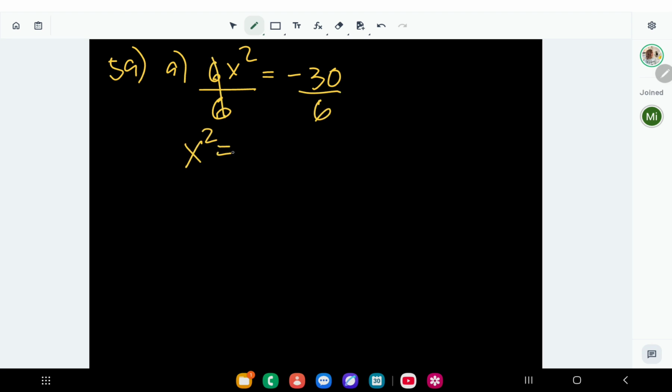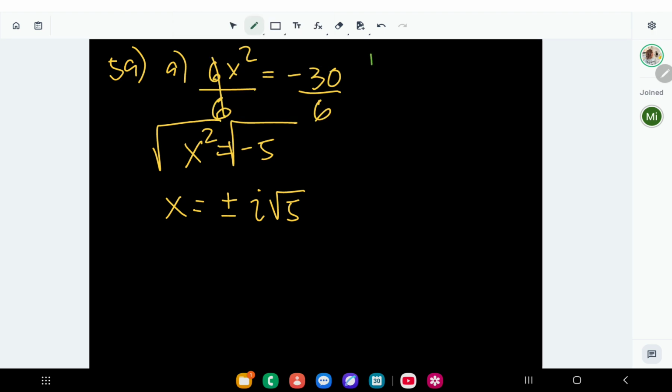So 59, a: 6x squared equals negative 30. So first thing you do is divide both sides by 6. Then x squared is equal to negative 5, right? And then you get the square root of both sides. So x is equal to plus minus i square root of 5.